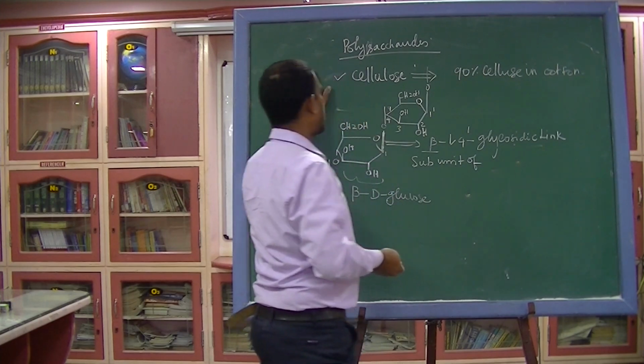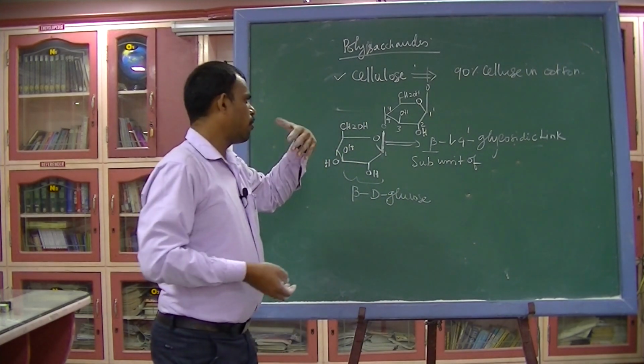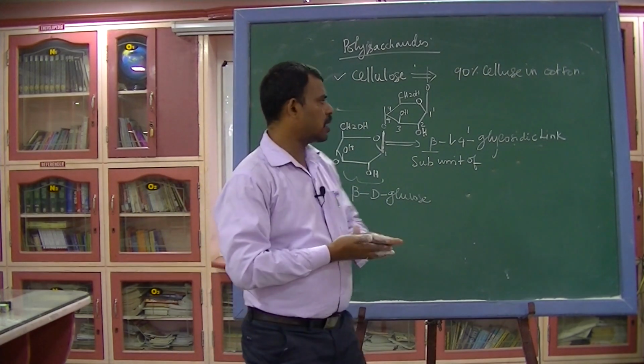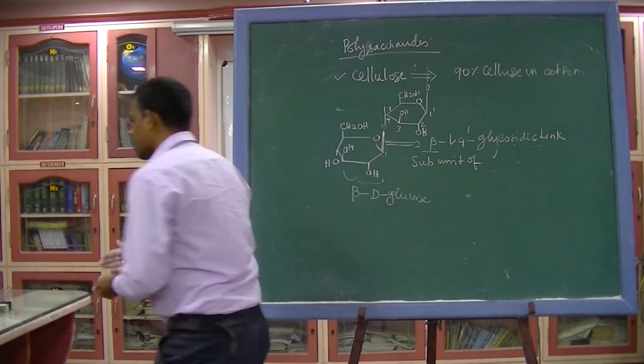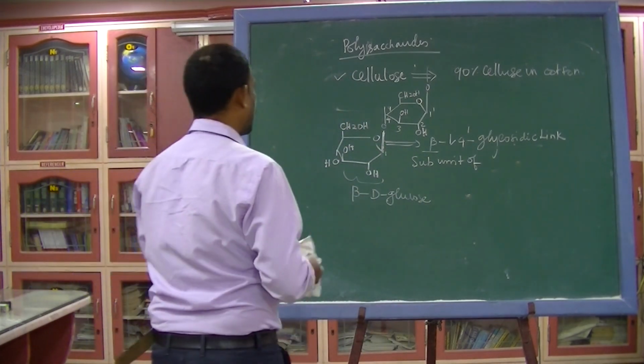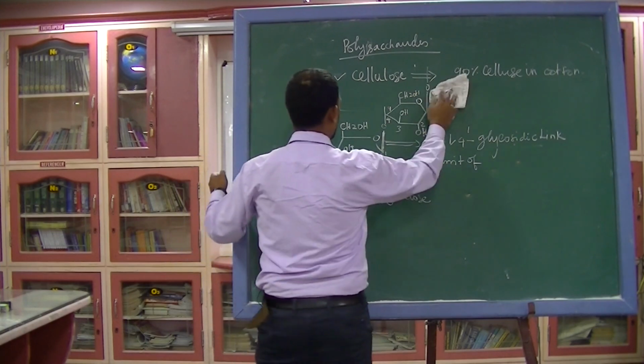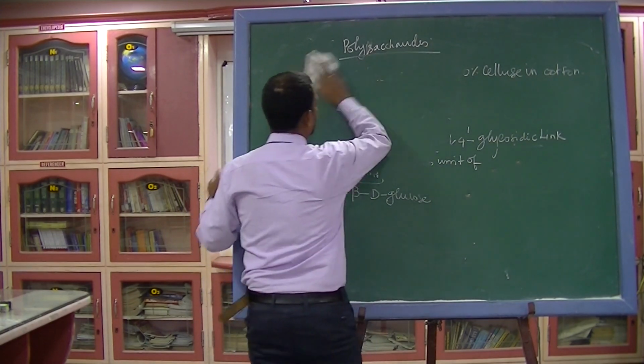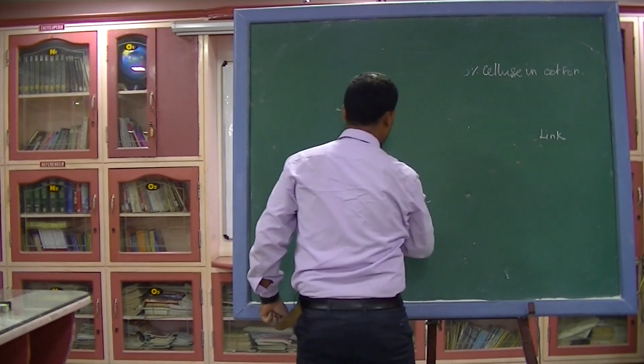So this is all about the carbohydrate parts. Now we will move to the next one, another biomolecule, that is your amino acids. So we will discuss amino acids.